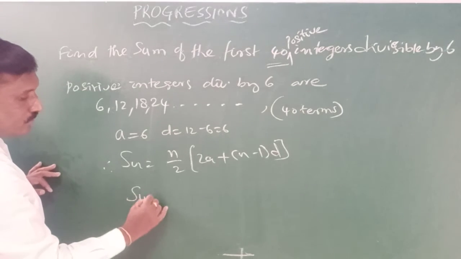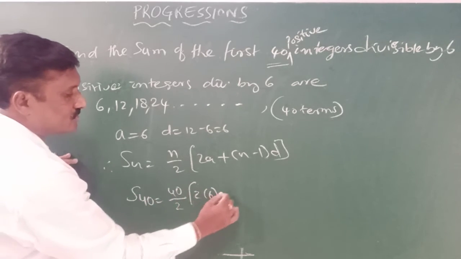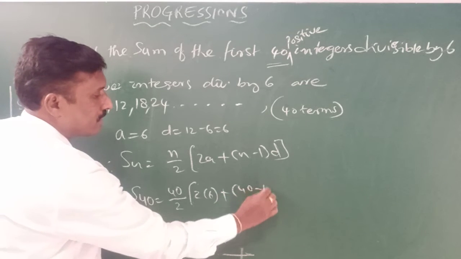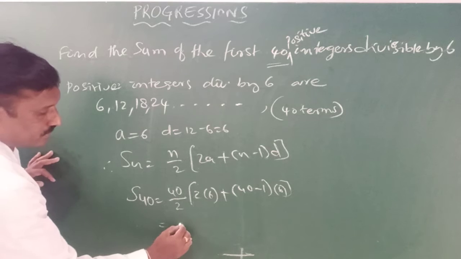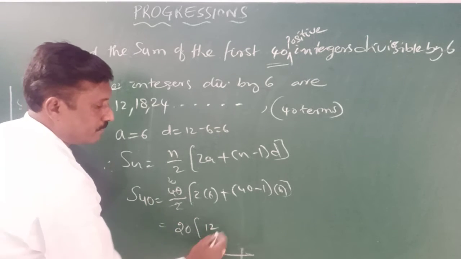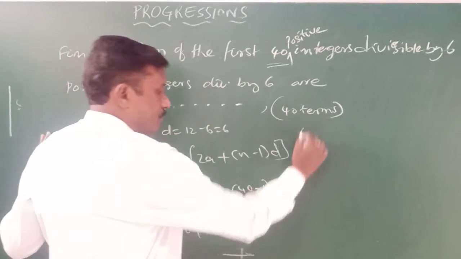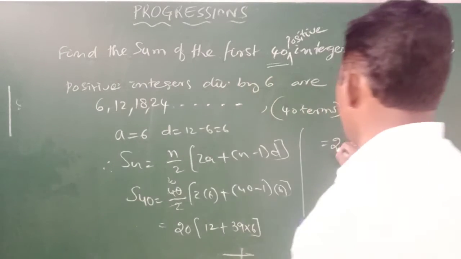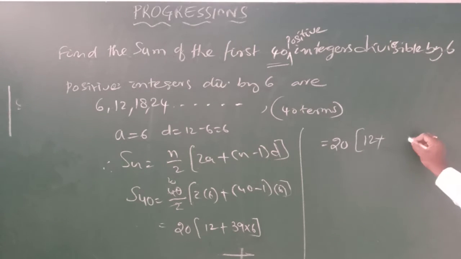We need the 40 terms: 40 by 2, 2 into 6 plus 40 minus 1 into 6, is 20 of 12 plus 39 into 6. That is equal to 20 of 12 plus 6 9s are 54, 6 3s are 18, 23.